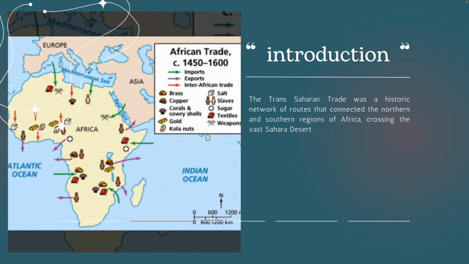What you can see are the items that made up the trade. You can see gold, corals, brass, and unfortunately, sadly, there were also slaves. Looking at the map, you see Asia around there, and Europe quite close. The separator was the Mediterranean Sea.